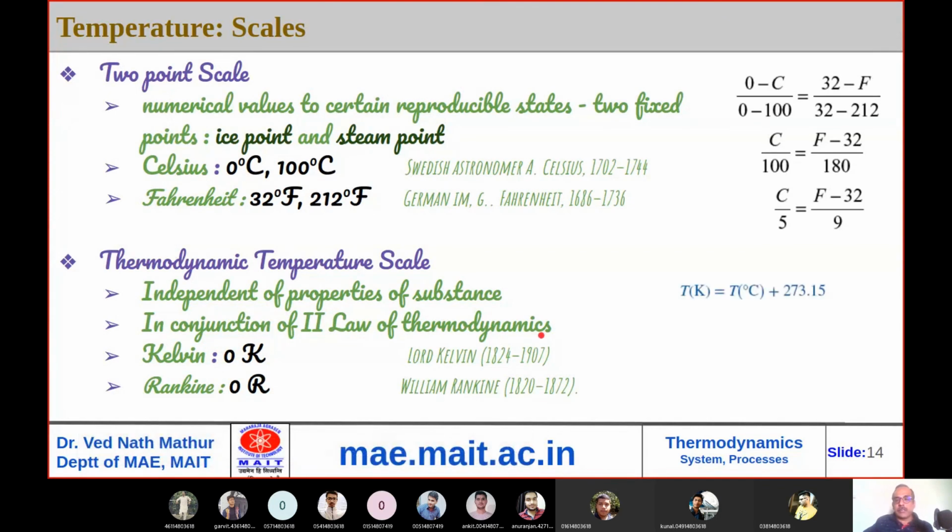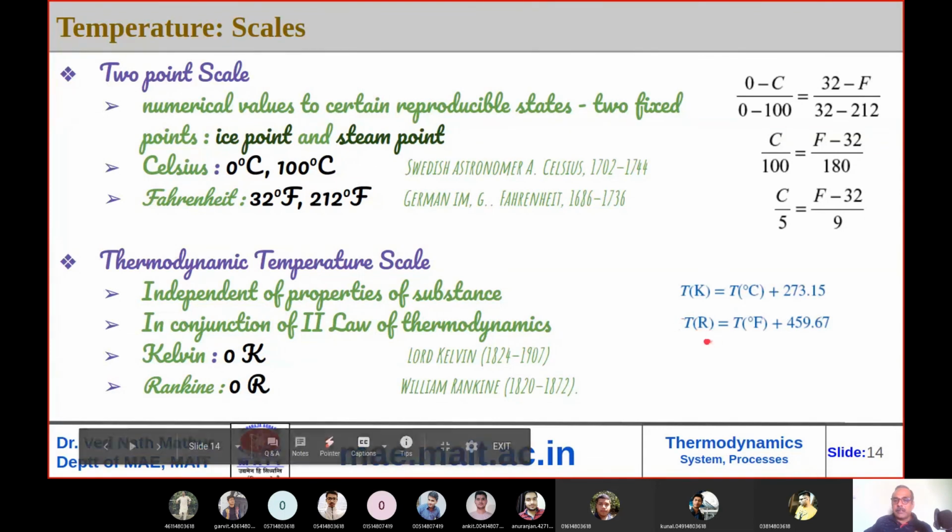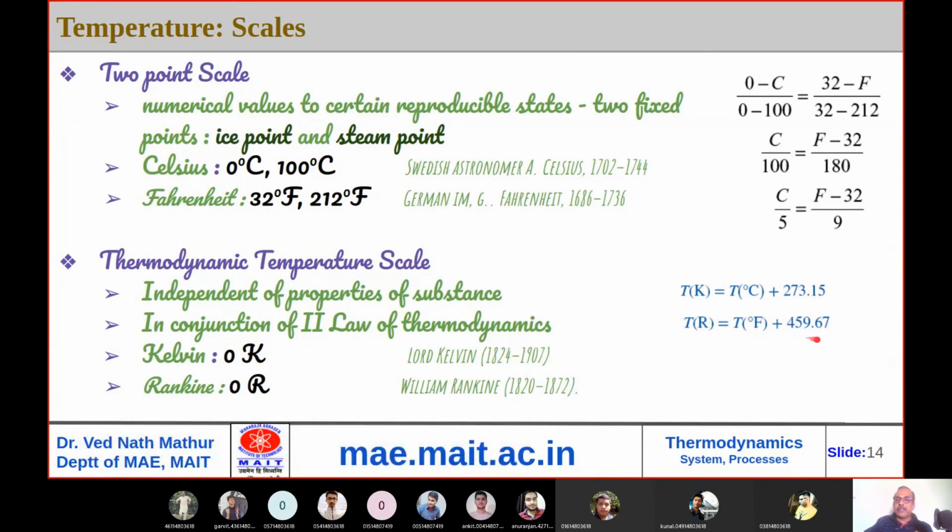But this is the important relation which I hope all of you know. T in Kelvin is T in degree centigrade plus 273.15. See, we do not write degree Kelvin. We write only Kelvin. But for centigrade, there is a degree sign. And T in Rankine is T in degree Fahrenheit plus 459.67.